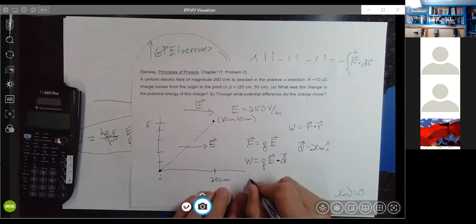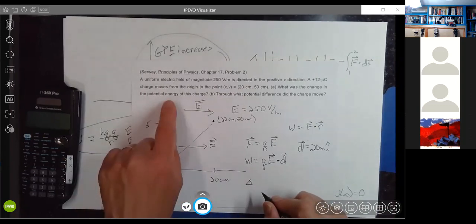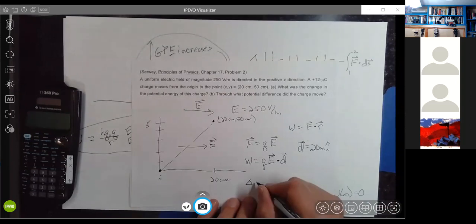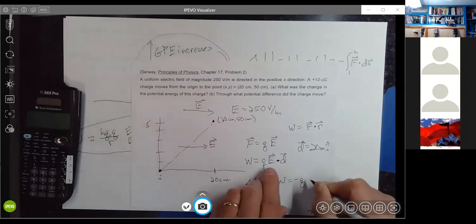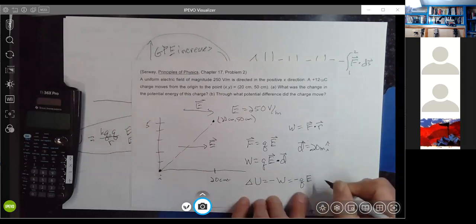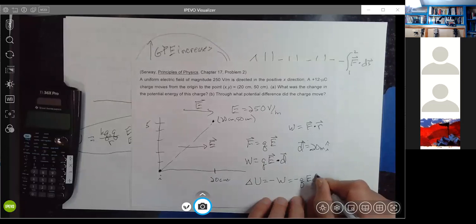So the change in electric potential energy that it asks for, so delta U, is going to be the negative of the work, which is in this case going to be minus magnitude of the charge, magnitude of the electric field times the displacement.